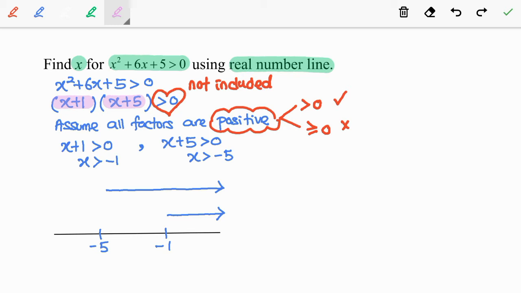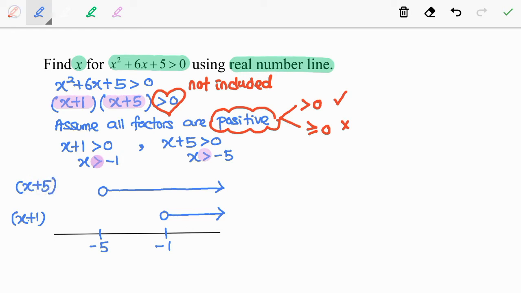Since both inequality signs over here are not included, therefore we put empty circles above negative 5 and negative 1. Now we are going to test for each factors. The first row is for the factor x plus 1. And the second row is for the factors x plus 5.